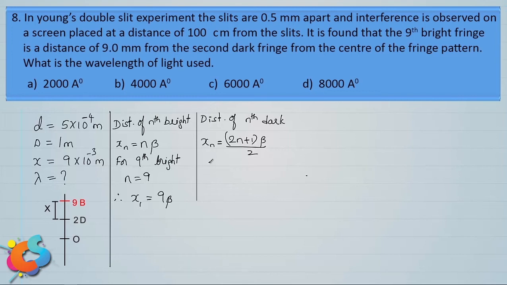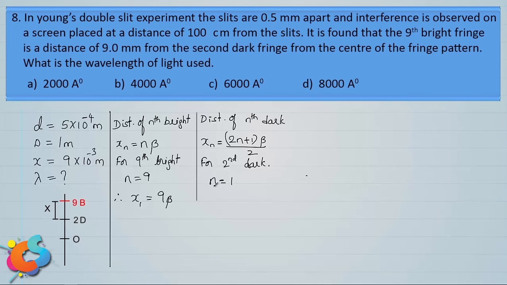So for the second dark, the value of n should be taken as 1 and not 2. This is because of the formula that we have considered. If you take xn is equal to (2n minus 1) beta by 2, then for the second dark you can take n is equal to 2. Students should be aware of this difference. When you stick to the formula (2n plus 1) into beta by 2, the value of n should be chosen carefully. Now for the second dark, n is taken to be 1.